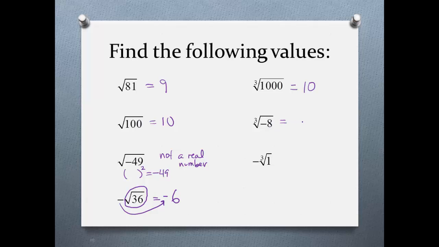This one, -2 raised to the 3rd power, is -8, so this is -2. And this one, just like the other one, is asking you to first find the cube root of +1, which is 1, and then transfer this negative out in front, or take the opposite of it, so that's -1.